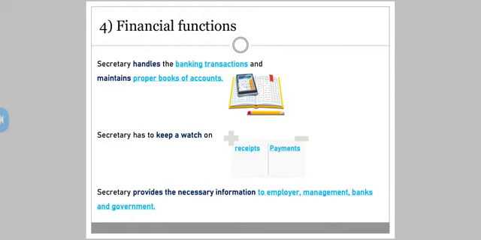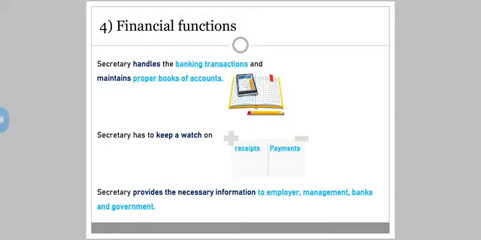Banking transactions include everything like cash withdrawals, deposits, account transfers, and payments from different bank accounts, all the work related to the bank. And then the secretary has to maintain proper books of accounts. Books of accounts, as you already know, what are books of accounts?